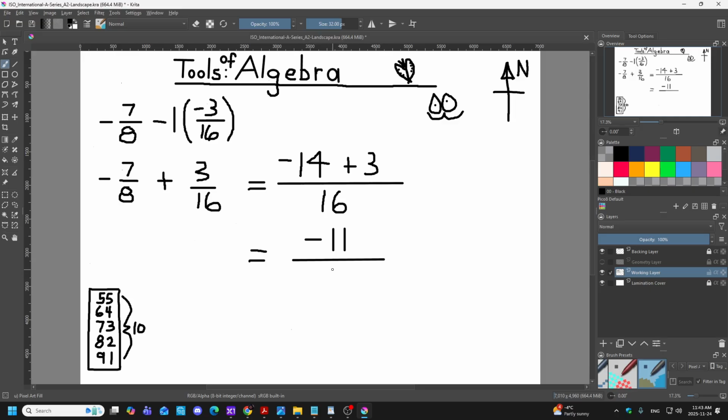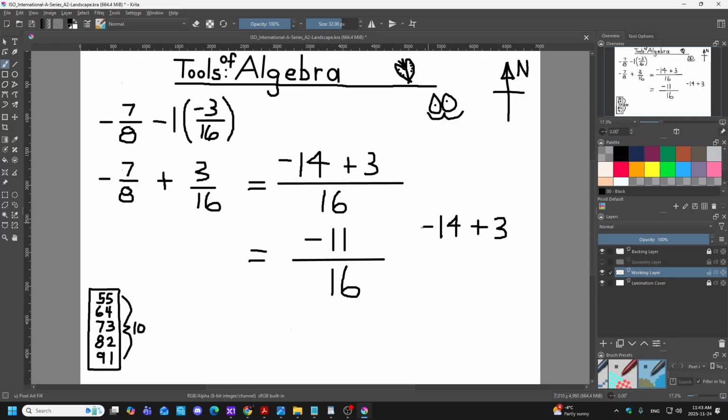Our denominator is 16. Again, I could look at the same logic. I could go negative 14 and plus 3. Ignoring the signs, I know 14 would have more jumps, right? Because 14 is greater than 3.